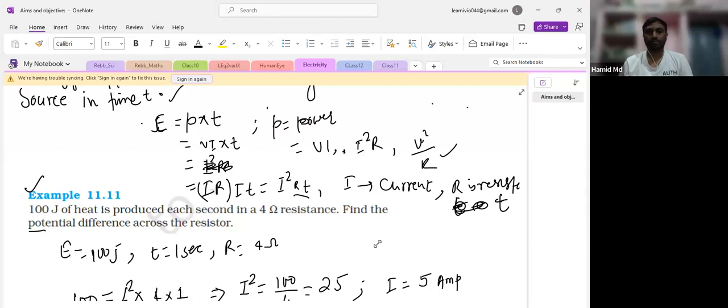A circuit which offers only one path of the current is known as a series circuit or a series combination. What about the parallel combination? What's the definition? Which offers many pathways. Okay. What's the other quality of it?